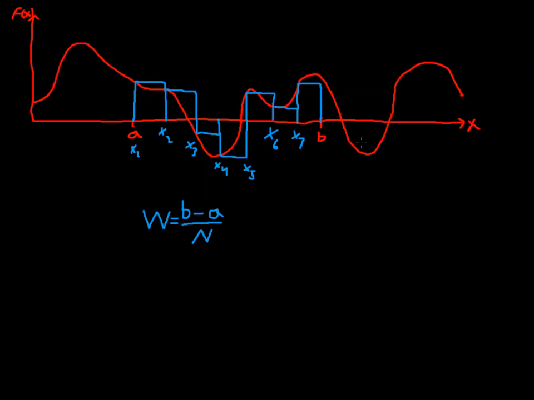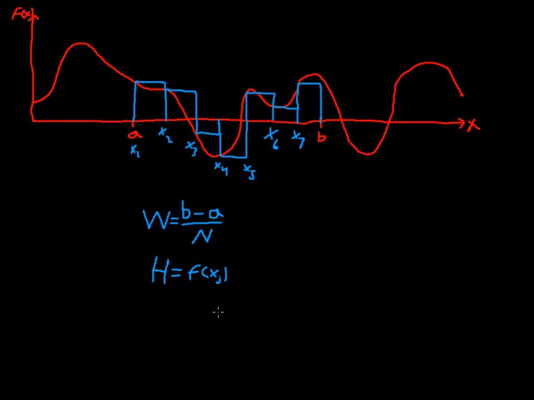We have 7 rectangles here, and since each of them is evenly spaced, each width is 1/7 of this length. The height of each rectangle will vary, and it's going to be the function f evaluated at x sub j, where j can be anything from 1 to n, which is 7 in this case.